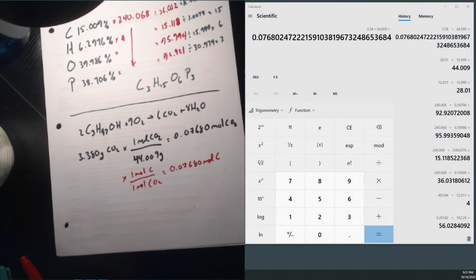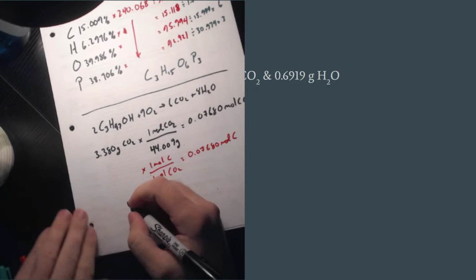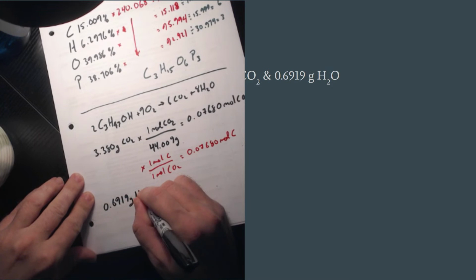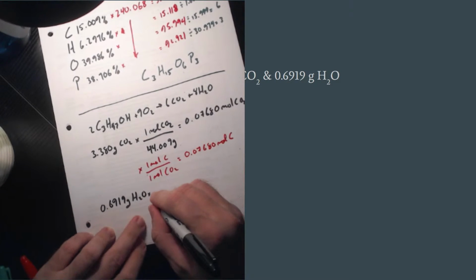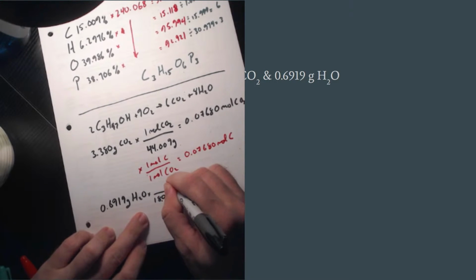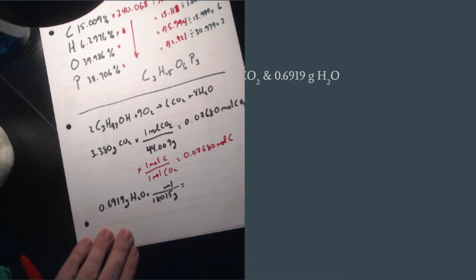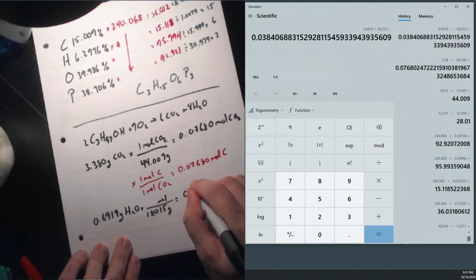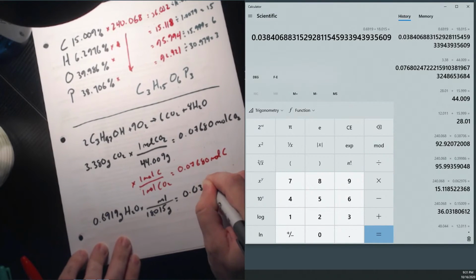And we do the same thing for water. How much water? 0.6919 grams of water, 18.015 grams per mole. 0.6919 divided by 18.015, 0.03841 moles of H2O.